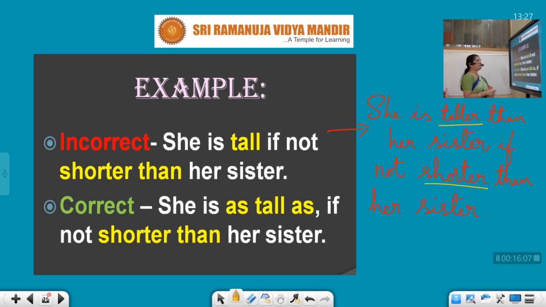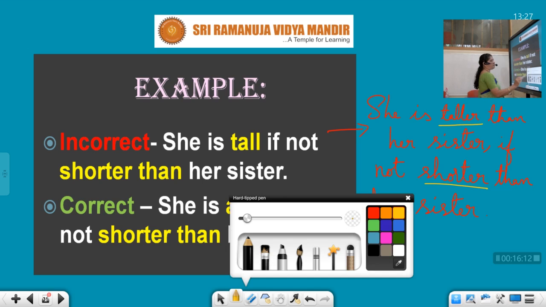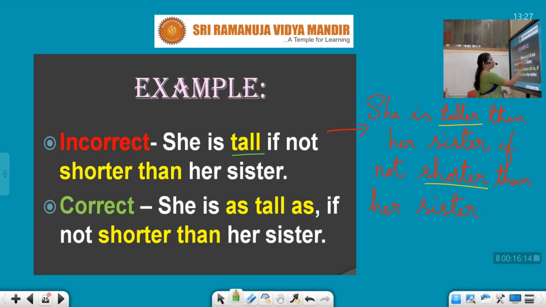So when I'm using two degrees, this is what, students? This is positive. I'm using a positive degree here. And here I'm using a comparative. So when I'm using it like this, a positive and a comparative, I can't use only a positive, because a positive will always have as in front and as at the back.